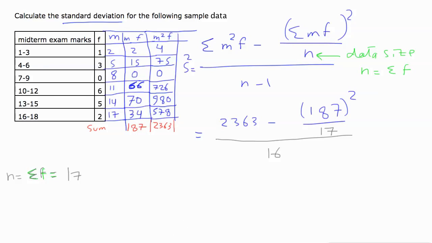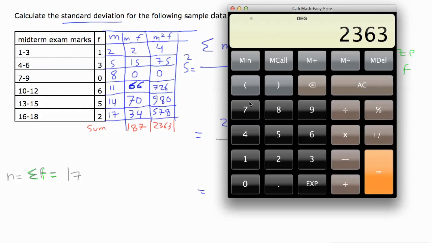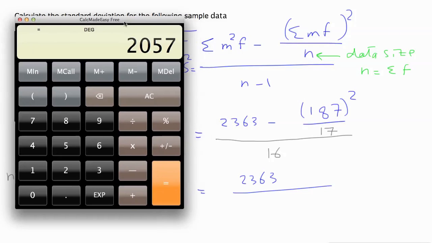Okay, so let's do that. First of all, you need to calculate this quantity, square it and divide by 17. Let's do that first. 187, when you square it, which means you multiply by itself, and then divide it by 17, the result is 2057.